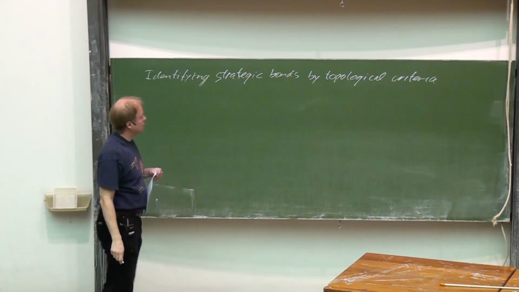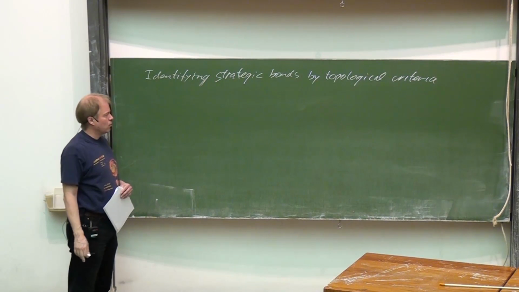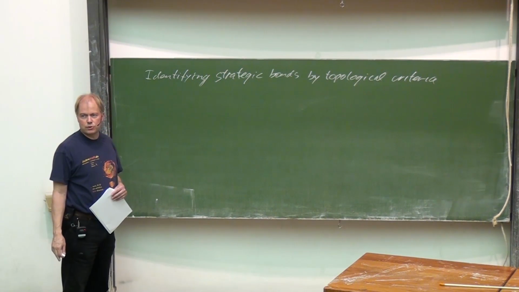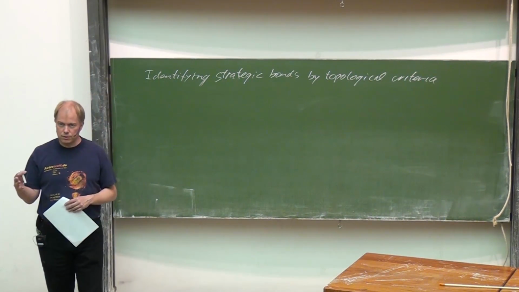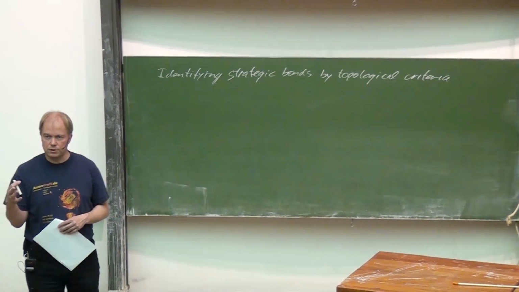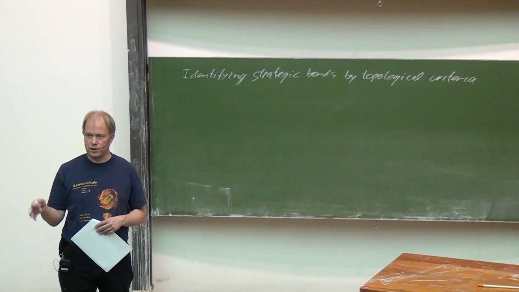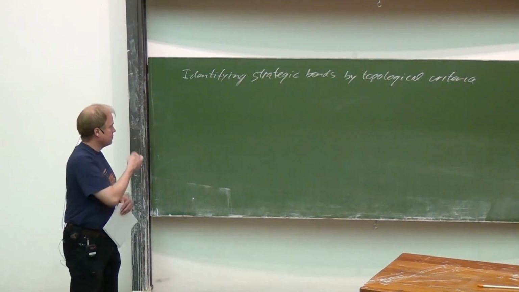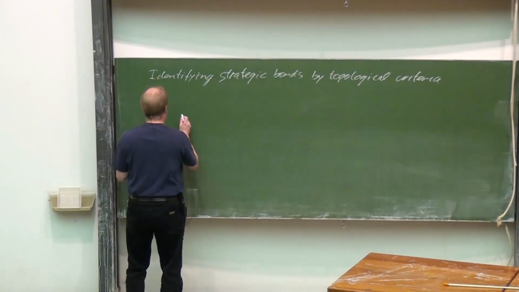Sounds great, very well educated sounds. Well, actually it's rather easy. We talked already about that. A strategic bond is a bond, if you disconnect it, you get really a simplification. If it's not a simplification, then it's not a strategic bond. Okay, that's it.